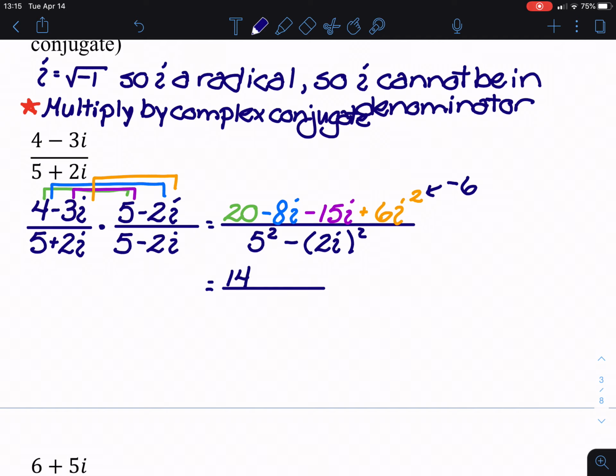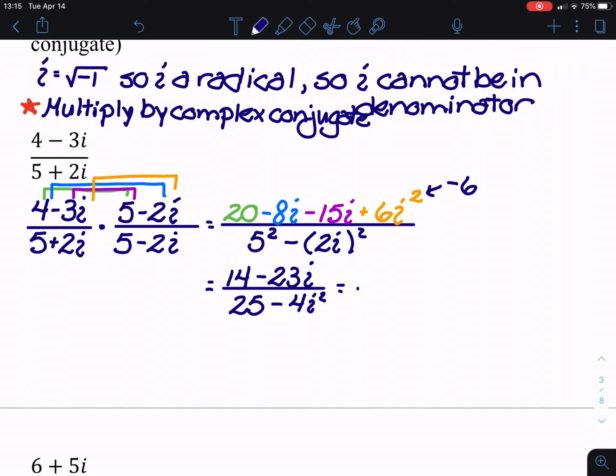And then -8i minus 15i is minus 23i. And all that is going to be over 5 squared, which is 25, and then minus -4i squared, but -4i squared is just going to be 4.